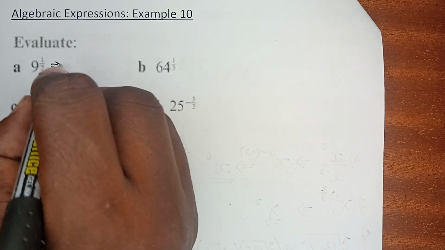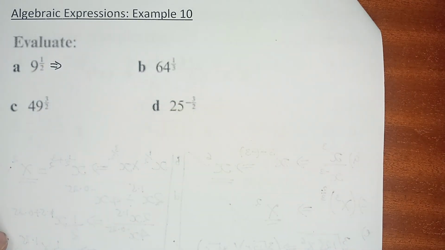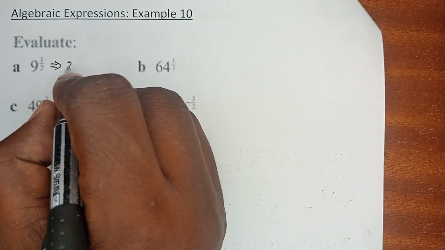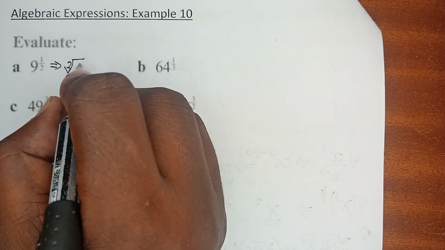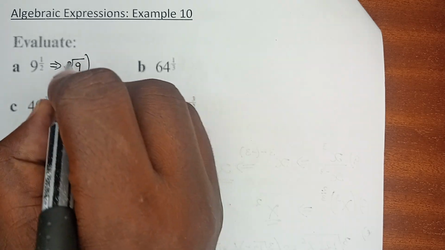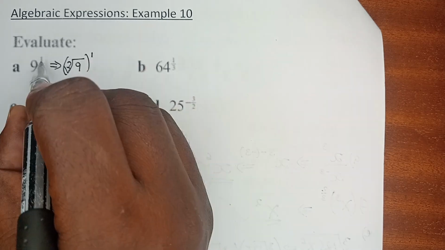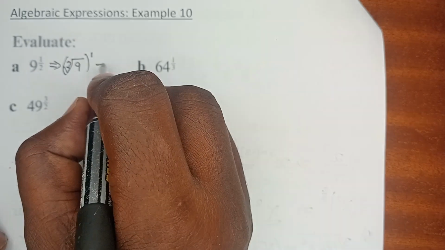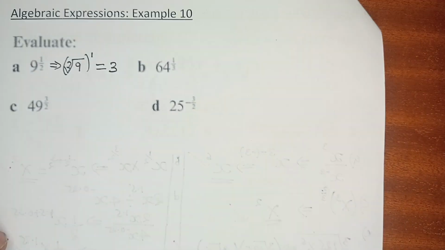This is the same as, because we know the laws of indices which have been explained in a different slide, the square root of 9, upon which everything could be raised to power 1. And of course, everybody knows that the square root of 9 is simply 3. 3 raised to power 1 remains a 3. And that is just it.